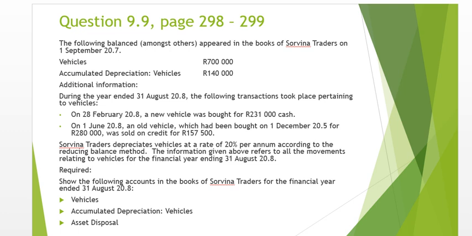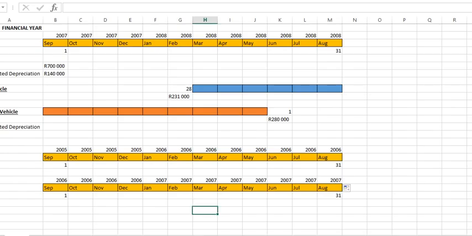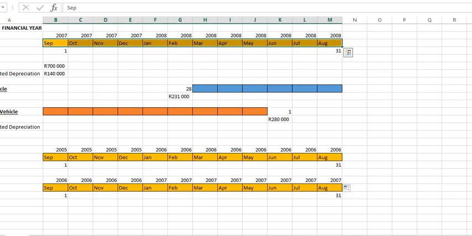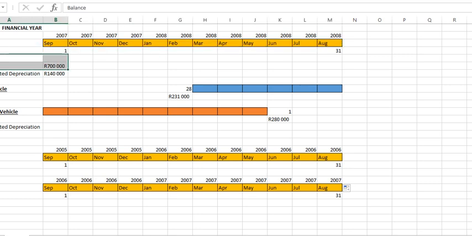So let's have a look at our timeline. Our timeline is from the 1st of September 2007, and our financial year ends on the 31st of August each year, and the current financial year ends on the 31st of August 2008. Our balance for vehicles was 700,000 Rand, and our balance for accumulated depreciation was 140,000 Rand.